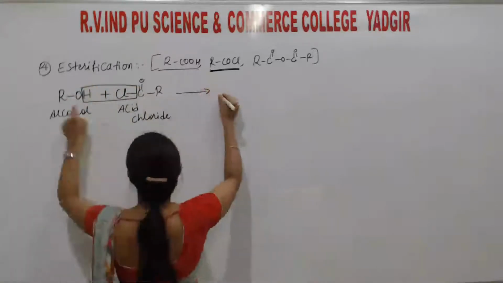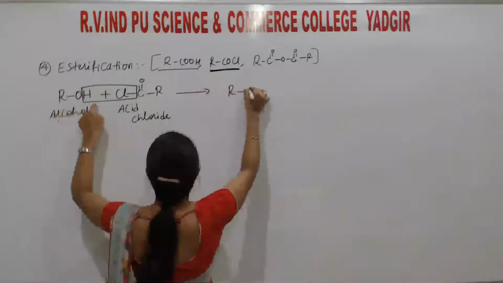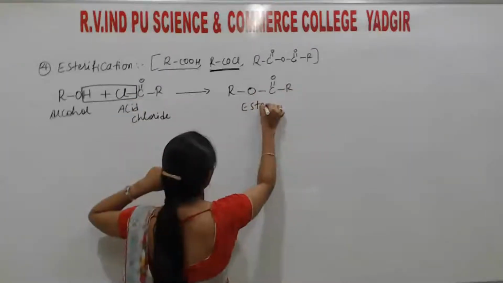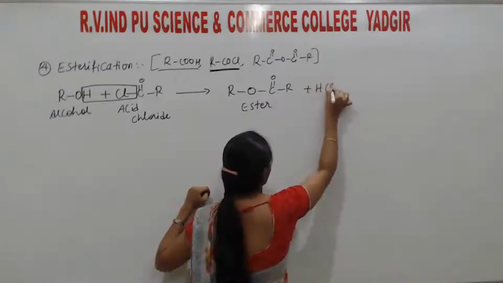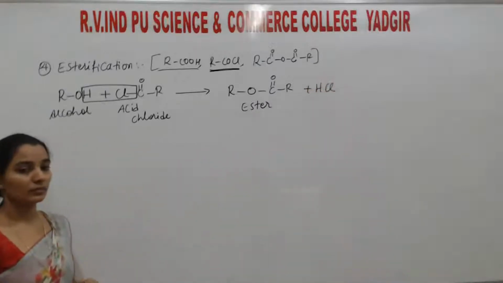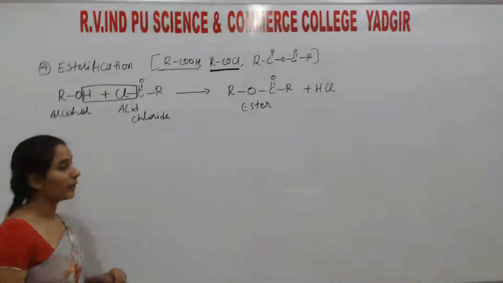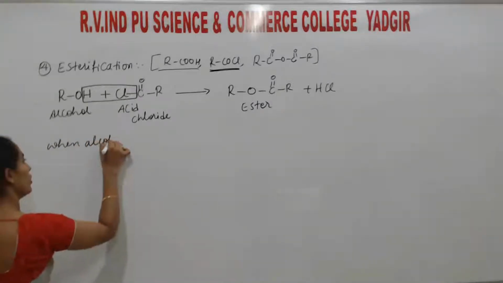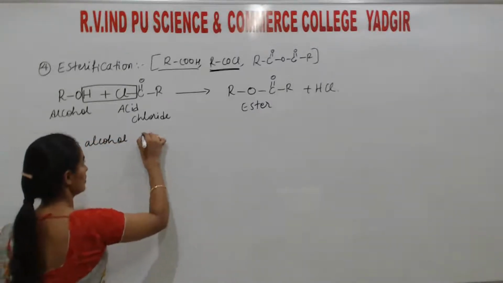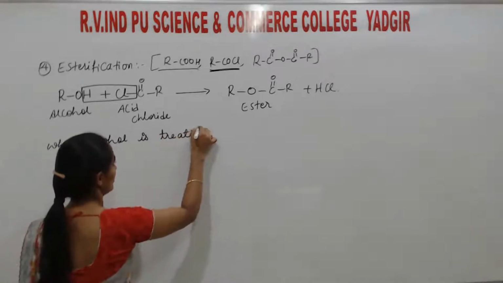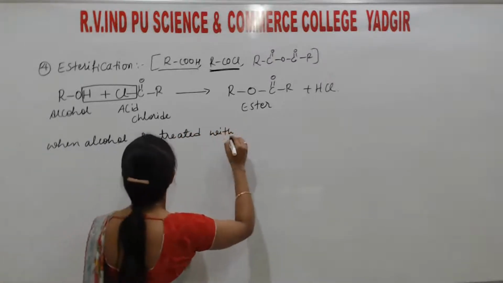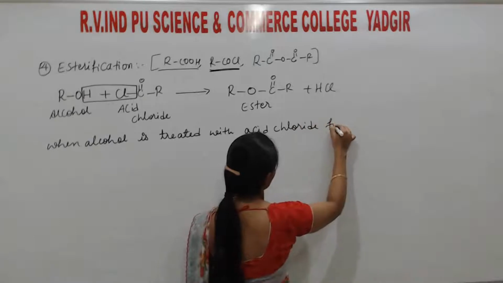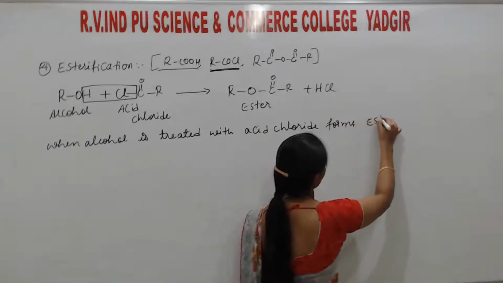The product formed is ROR, which is ester, and the byproduct here is HCl. Understood? Can you write one explanation: alcohol treated with acid chloride forms ester.